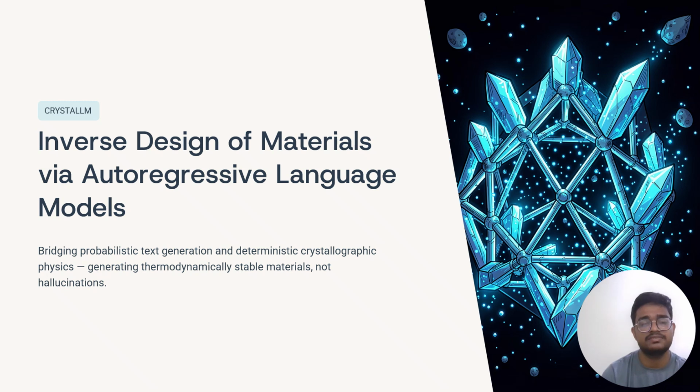Unlike text generation, where a slightly incorrect sentence may still be understandable, a small error in a crystal structure can make the material physically impossible. Therefore, our challenge was not simply generating crystal files. Our challenge was generating crystal files that obey the laws of physics. This project explores how LLMs can be combined with graph neural networks and physically guided search algorithms to achieve the goal.